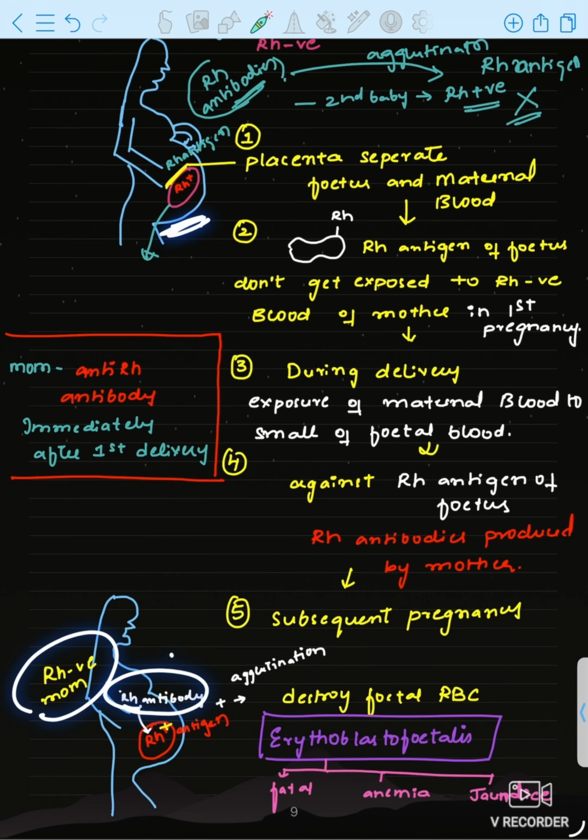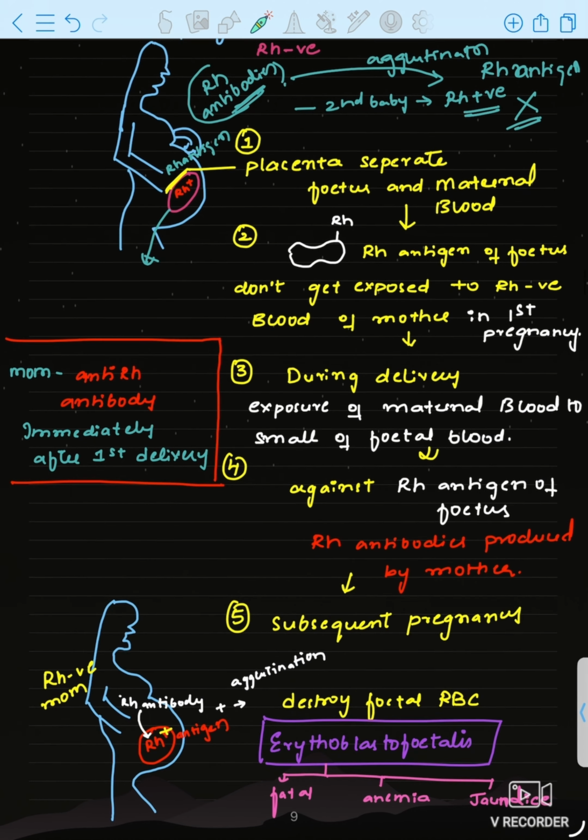During the last pregnancy, when the delivery occurred, some Rh antigen RBCs were there, no? Against that, antibodies were produced. Now in a subsequent pregnancy, if an Rh positive baby is formed, at that time these Rh antibodies will cross the placenta and cause agglutination and death.